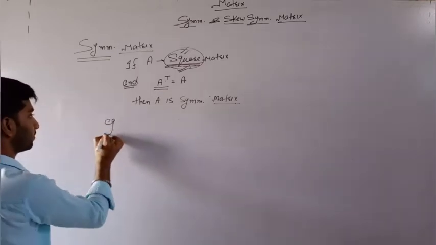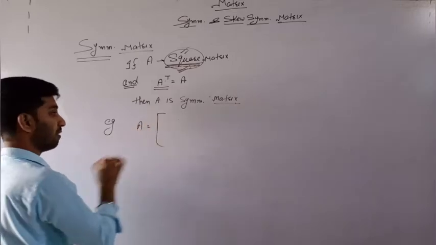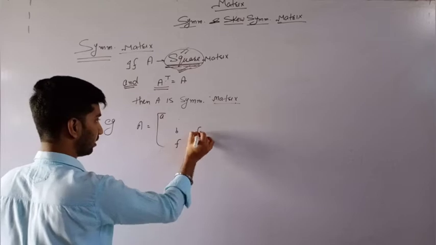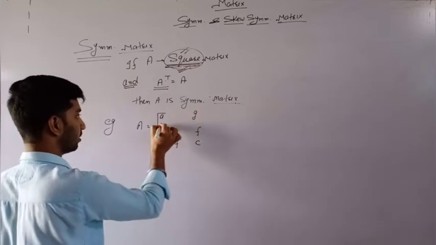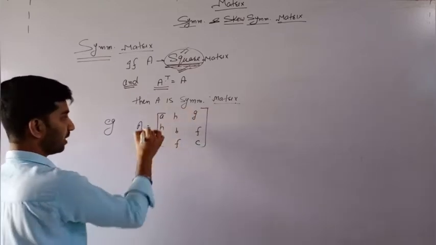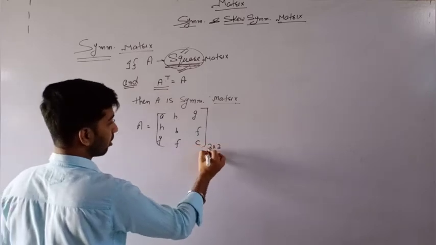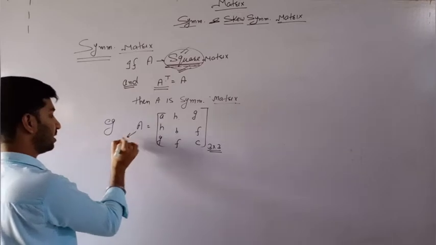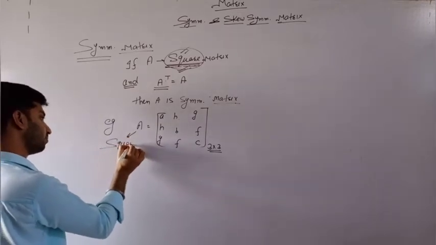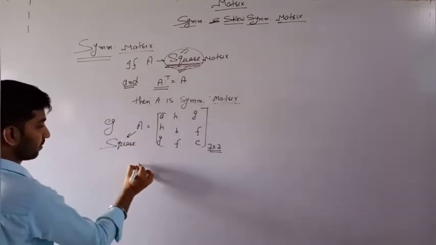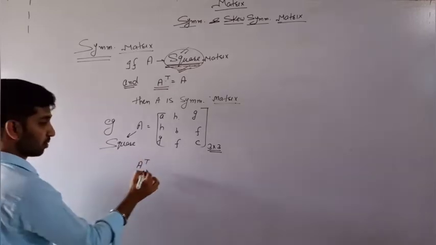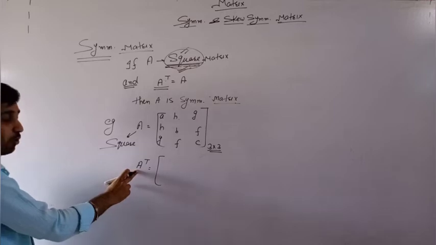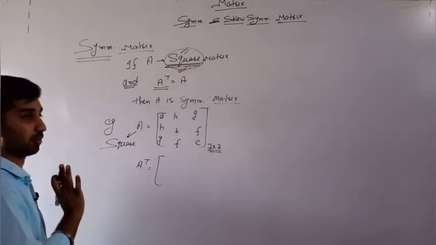For example, we have a matrix A with entries A, B, C, F, G, H. It is a matrix of order 3 by 3. The order of the matrix is 3 by 3, which means that A is a square matrix. We find A transpose. Transpose of any matrix of any order is obtained by interchanging the rows and columns.